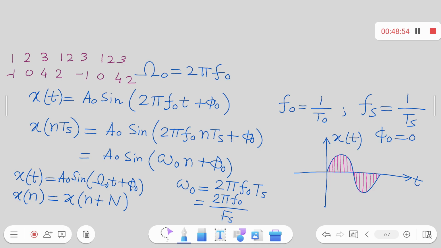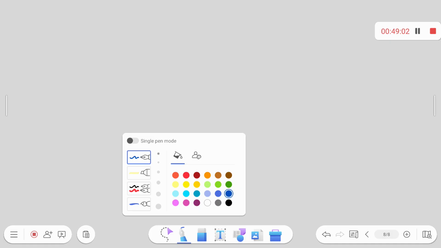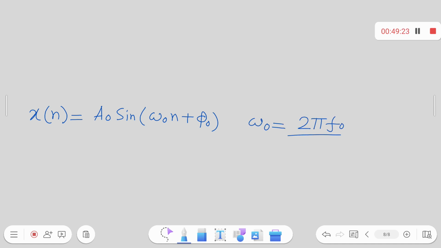Now what was our definition? x of n is equal to A naught sine omega naught n plus phi naught, where omega naught, this frequency, is given by 2 pi f naught by fs. Suppose I have to understand whether the signal is periodic or not.